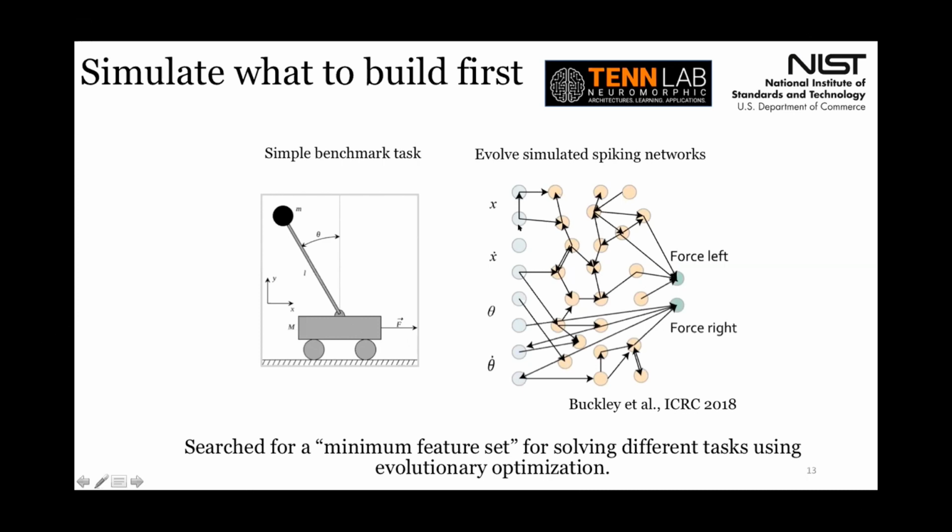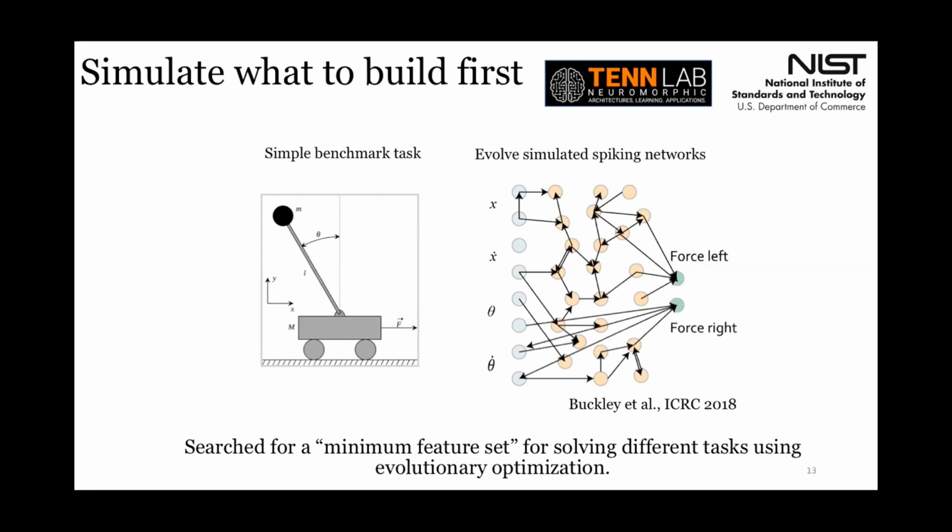The networks we're evolving don't look like your traditional deep learning neural network. They have recurrent connections, and it's a spiking network where information can be encoded in things like the timing between spikes or correlations between the spikes, and so on. We're generating these networks via evolutionary optimization.